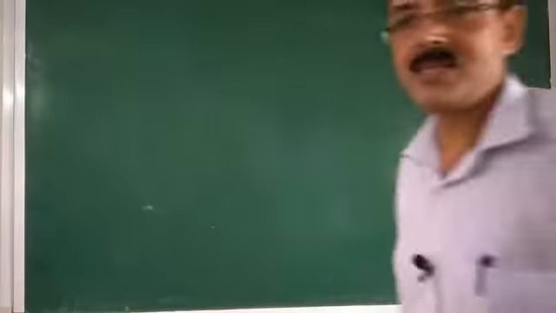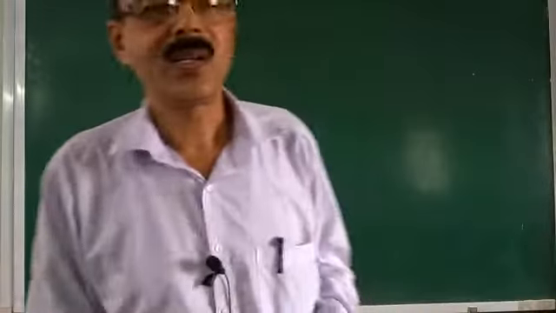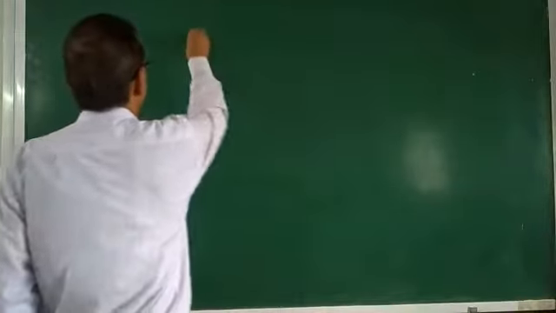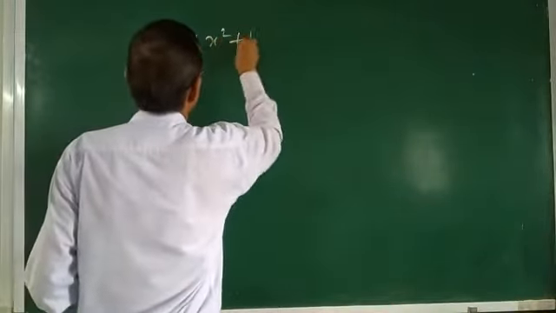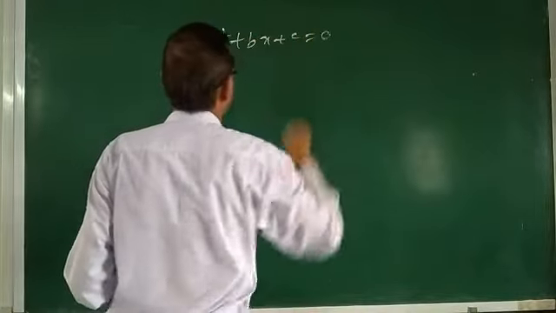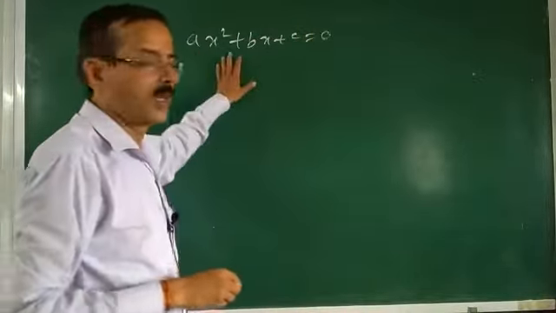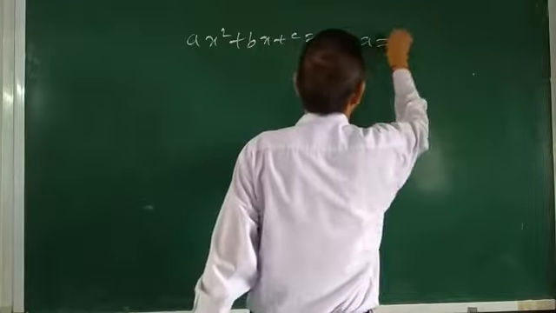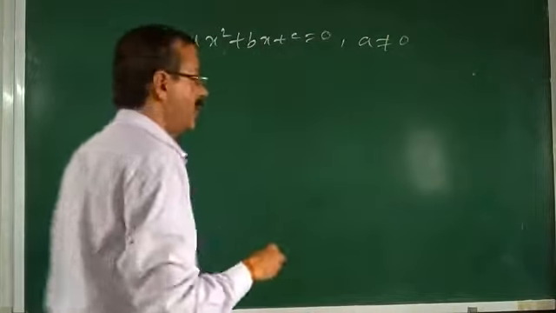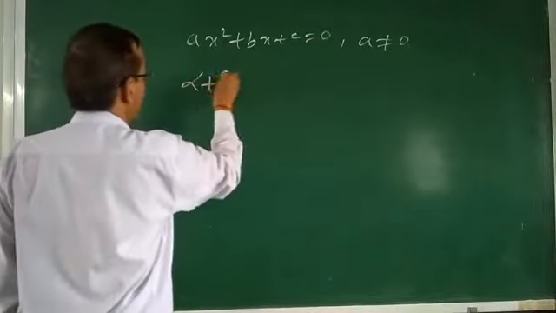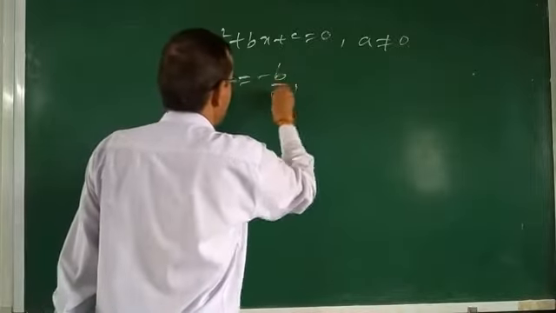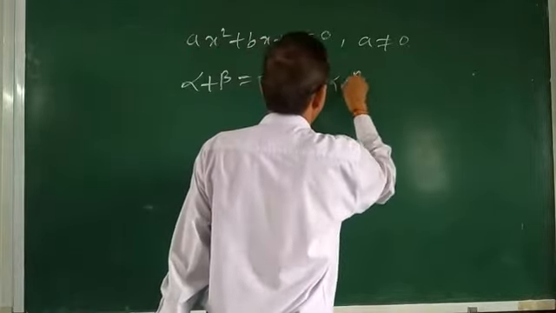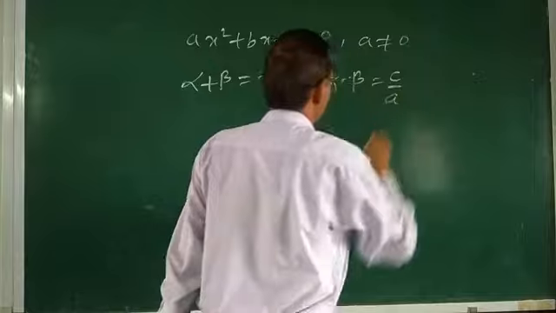So student, we have already seen that for the quadratic equation ax square plus bx plus c is equal to 0, where a is not equal to 0, for these two values, alpha plus beta is minus b upon a, and alpha beta is equal to c upon a.